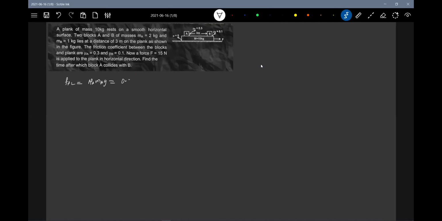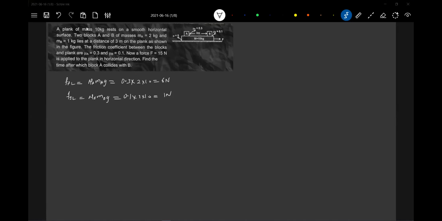Mu A will be 0.3 into 2 into 10, so 6 Newton is the limiting friction. Similarly, FBL equals mu B MB into g. Mu B is 0.1, mass of the block 1, into 10. So this will be 1 Newton.